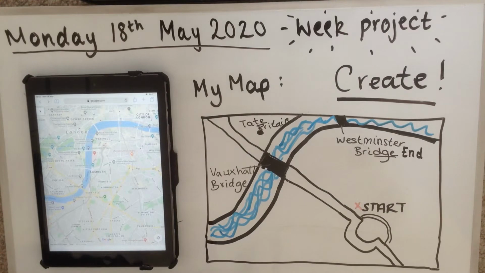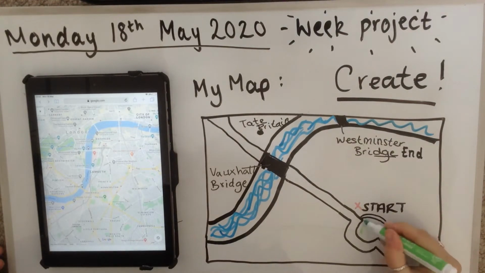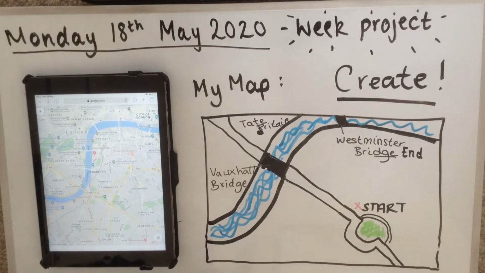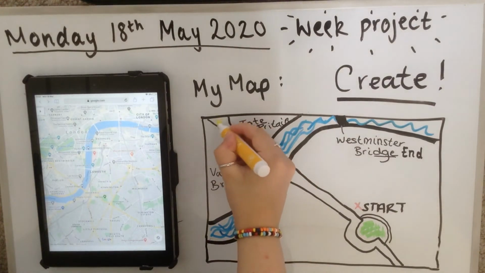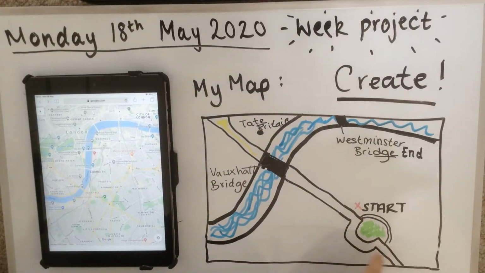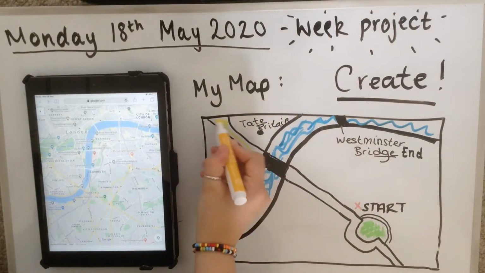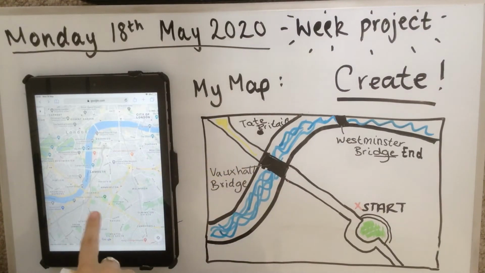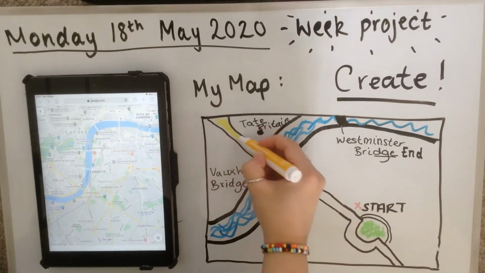Okay, and then just because it is a map, I'm going to add a bit more detail. Now, like I said before, you don't need too much detail, but I just think a bit of colour to show the different areas. So as you can see, because the oval we know is like a cricket ground, there's lots of grass, and actually you can see on our real map that it's using green too.